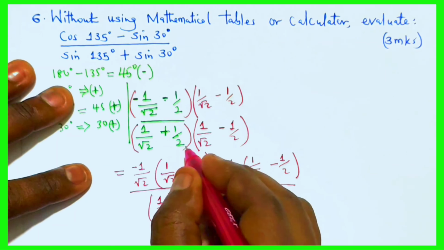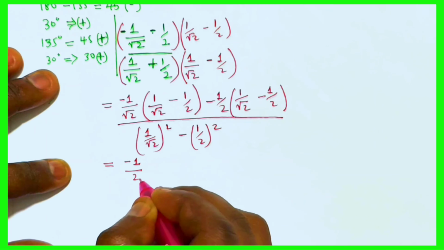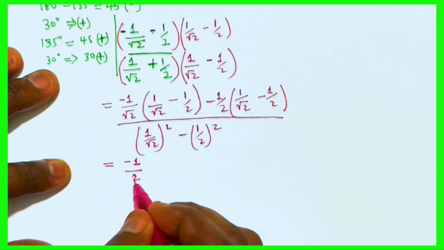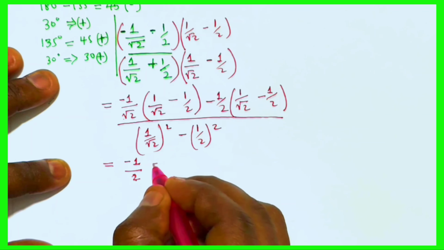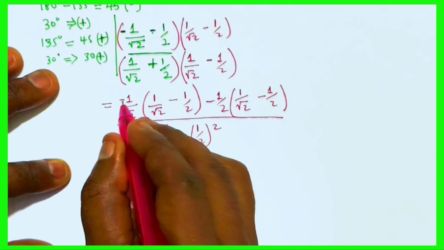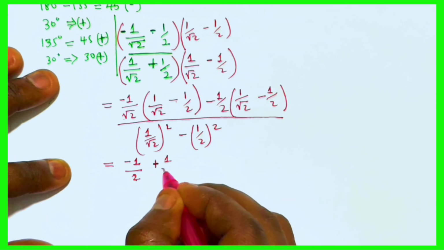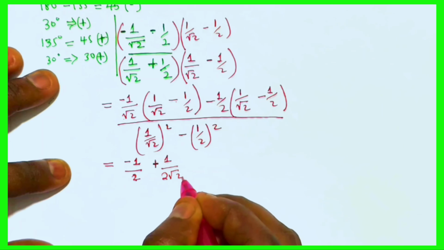And then my next step should be to open the brackets here. By multiplication, I'm going to have negative 1 divided by 2, since root 2 multiplied by root 2 will give us the number 2, and then to subtract, we are not going to subtract but add, since negative times negative here will be positive, so plus 1 over 2 root 2.